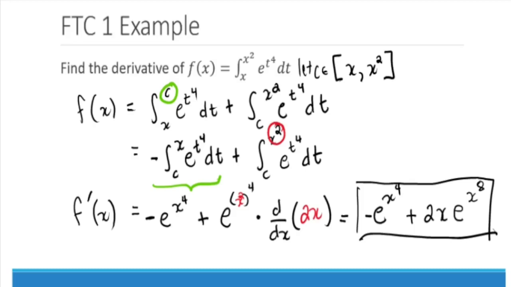Okay, so that is for FTC 1. Now, FTC 2 gives us a way to solve for the area under a curve easily without having to use the concept of Riemann sums.